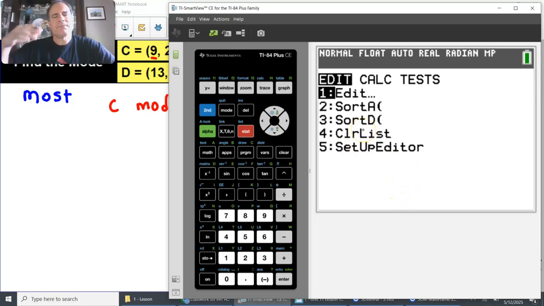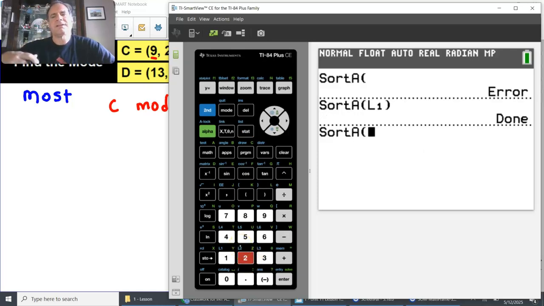Descending means greatest to lowest, so it's decreasing. So I'm gonna sort the list so it's ascending, from least to greatest. So what I do is I have to put what list I want the calculator to rearrange.